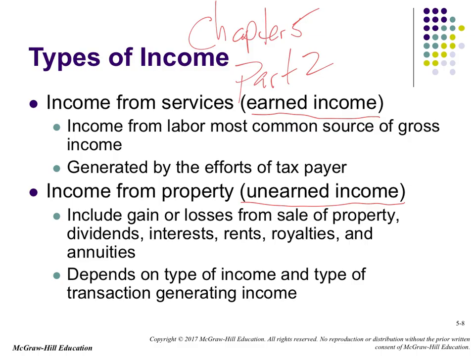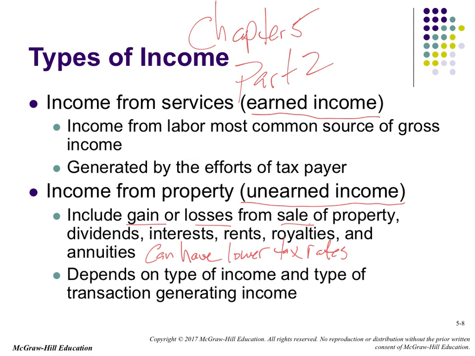We care about this for a variety of reasons. First of all, gains or losses from the sale of property sometimes have preferential rates, so they can have lower tax rates.